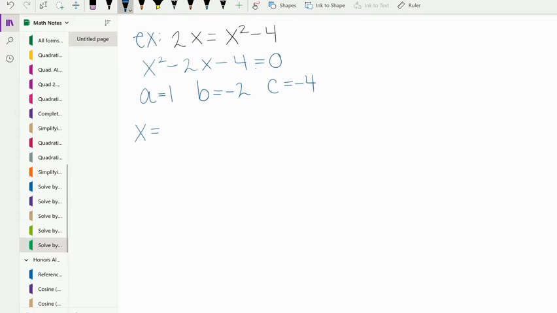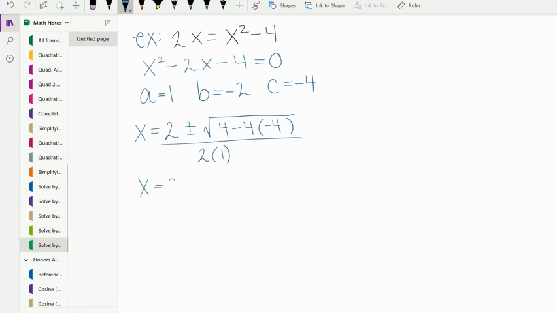Well, b is -2, so it would be +2 plus or minus the square root of b squared. -2 squared is 4. Then it's minus 4 times a times c. So a is 1, c is negative 4. When you multiply them together, you get negative 4. And this is all over 2 times a, which is 1.